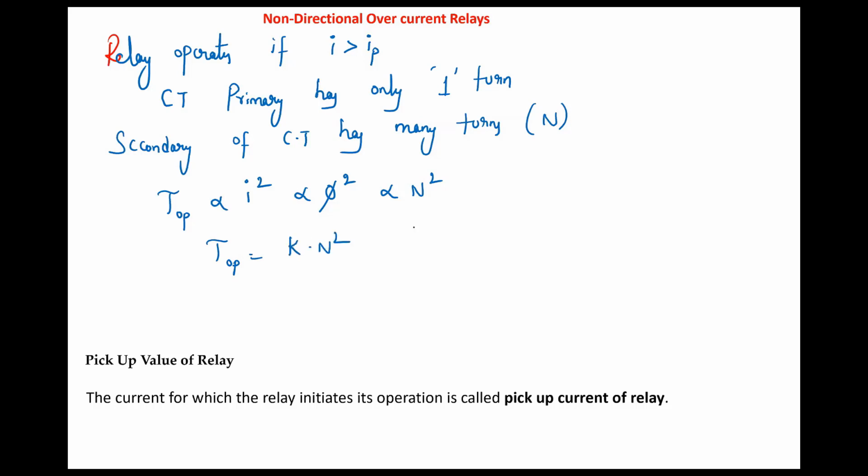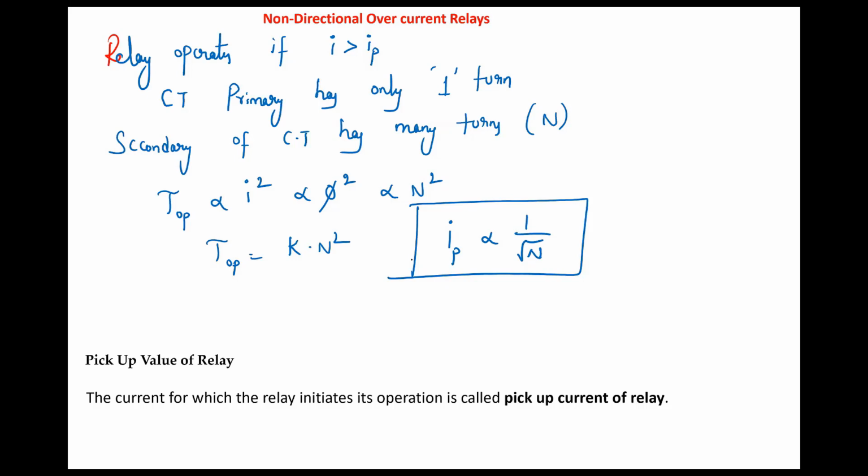So what you have to remember is that the pickup current IP is inversely proportional to the square root of N.